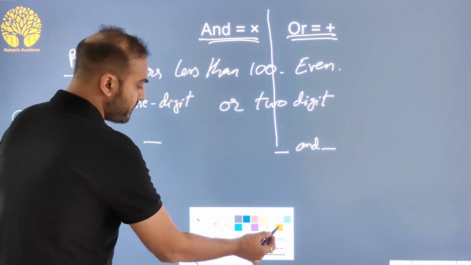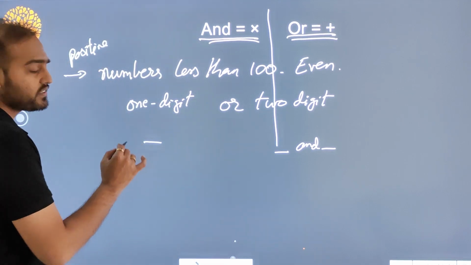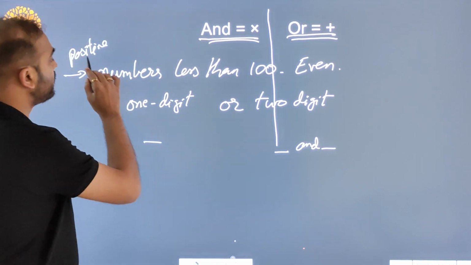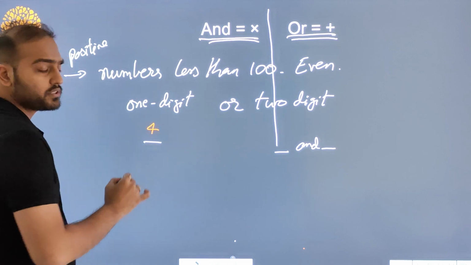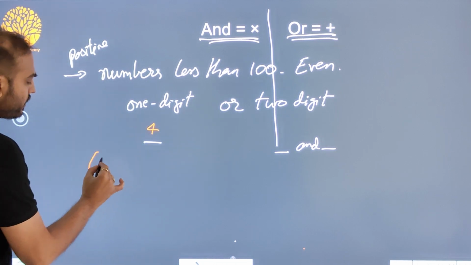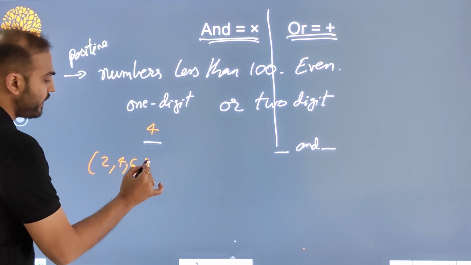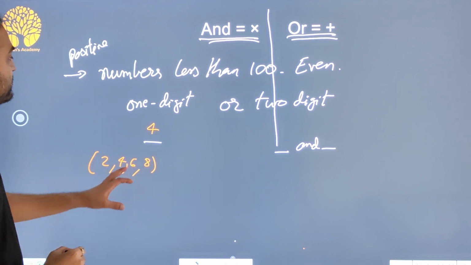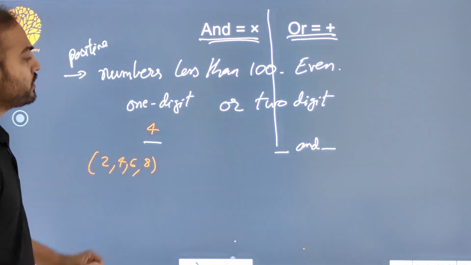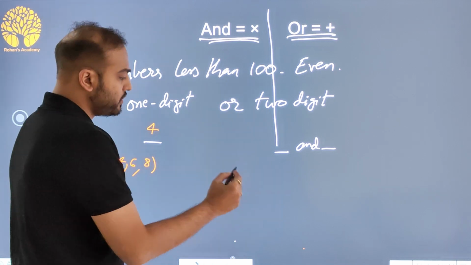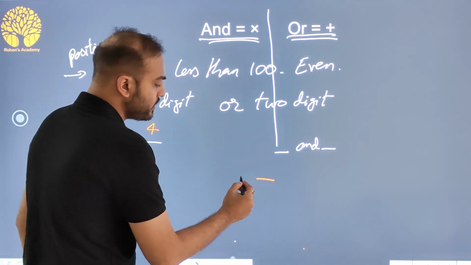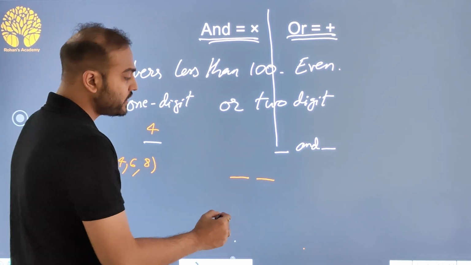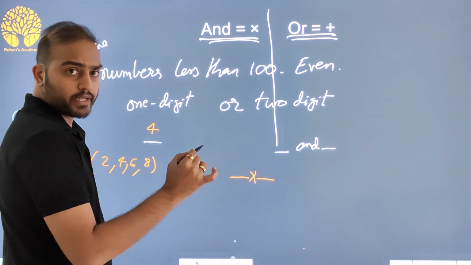Now if we want a single digit number, it has to be even and positive. So there are four options: 2, 4, 6, 8. It cannot be 0 because we want positive. Now when I say two digit number, this is my units digit and this is my tens digit, and means multiplication.